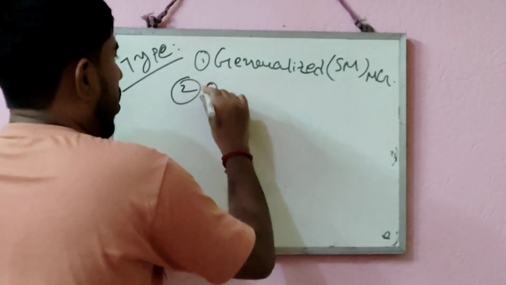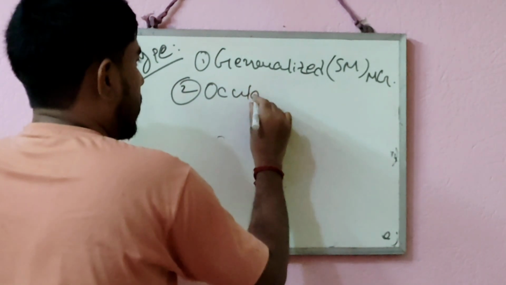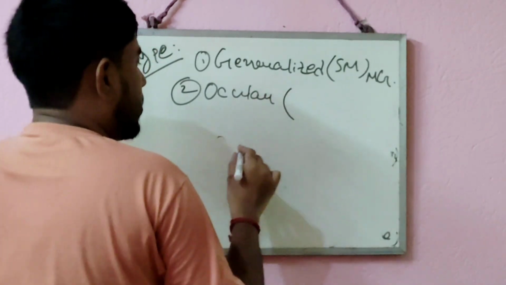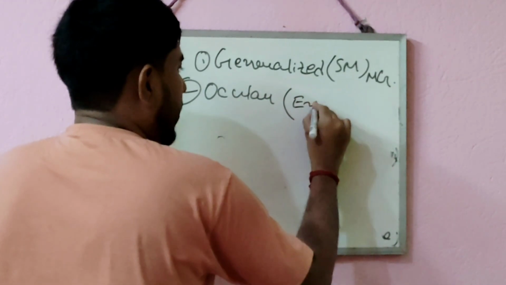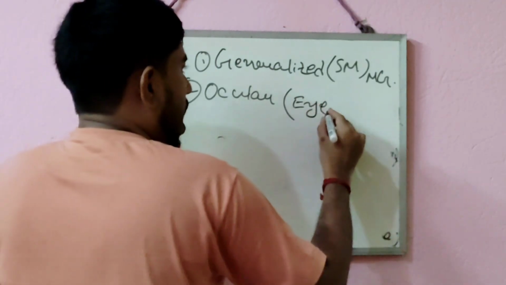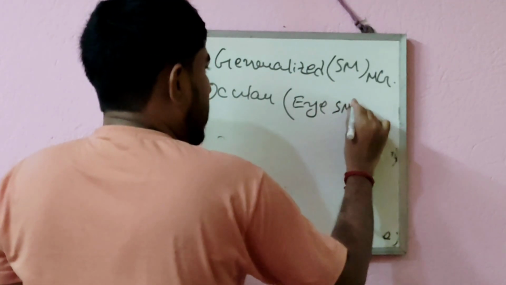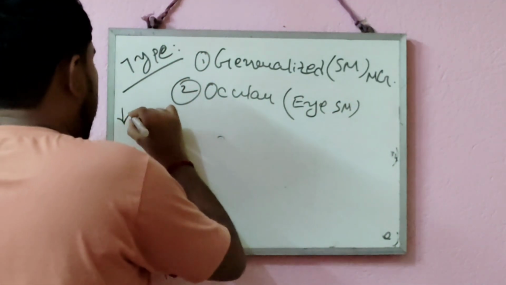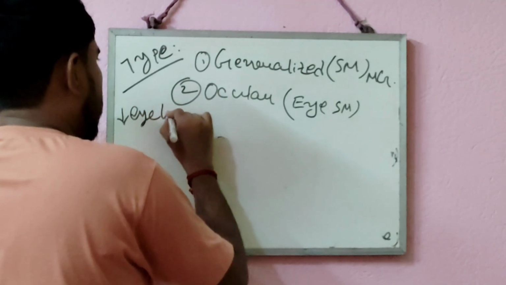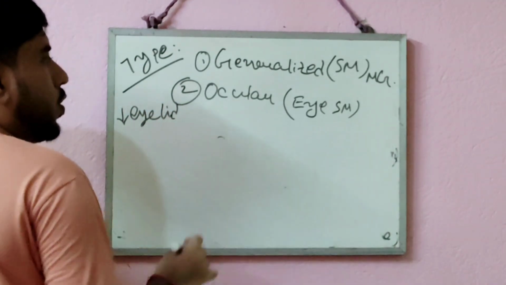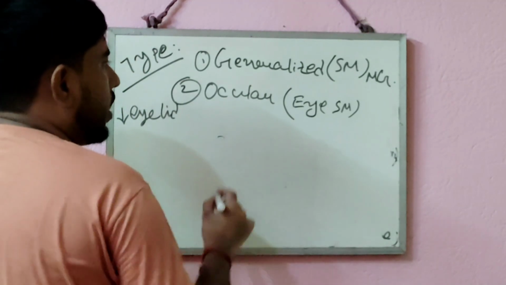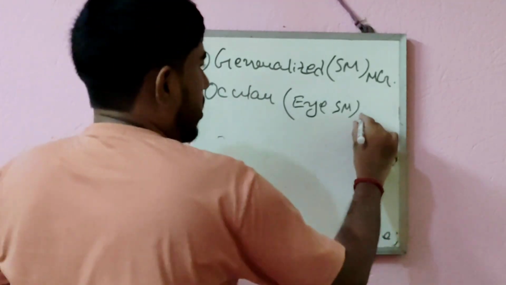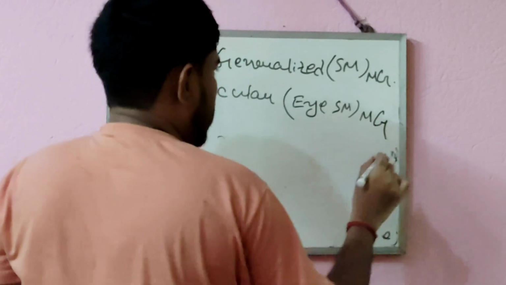Second one is ocular myasthenia gravis. Whenever weakness or fatigue is shown in the eye muscle, it can lead to dropping of eyelids. That ocular muscle weakness is called ocular myasthenia gravis.